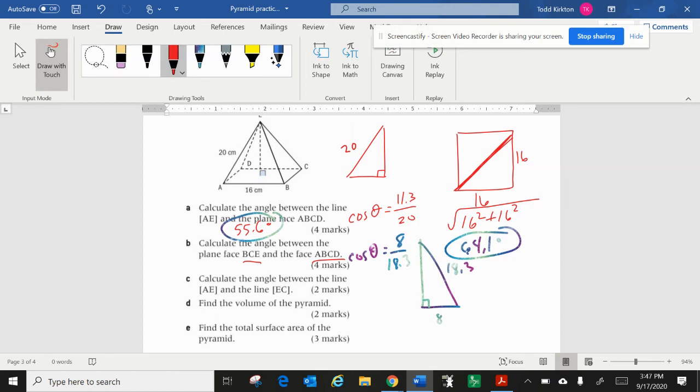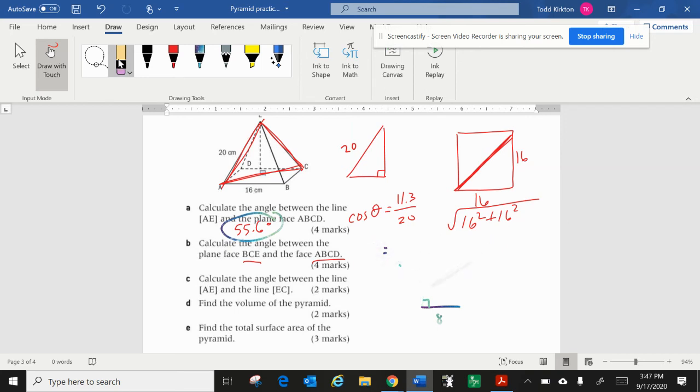Calculate the angle between the line AE and the line EC. So AE and EC. I'm just going to make one big triangle there. And so I know that both AE and EC are 20.